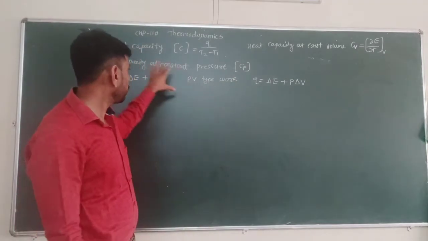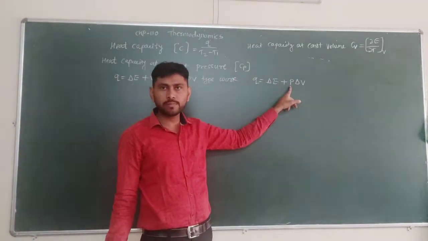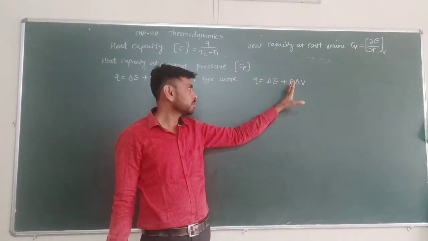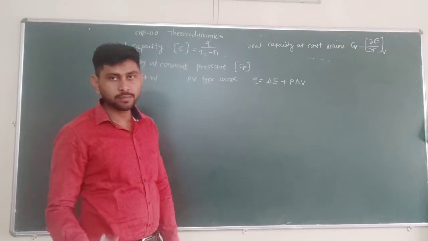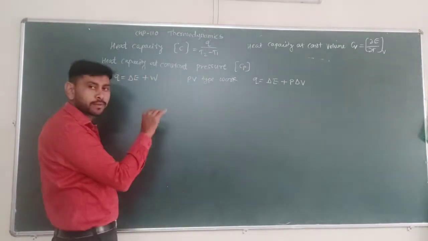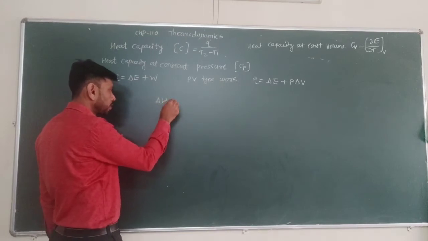Now we have kept pressure constant, so pressure is not a variable. We have not taken a difference in it, so this equation remains as it is. But we know the definition of enthalpy, as we derived.